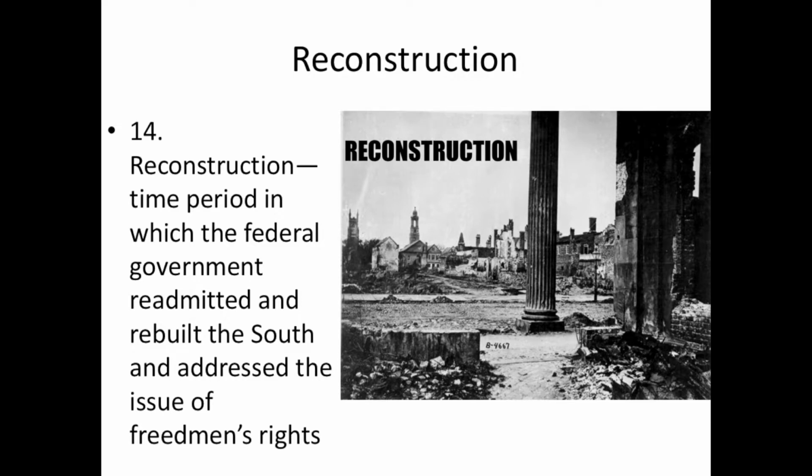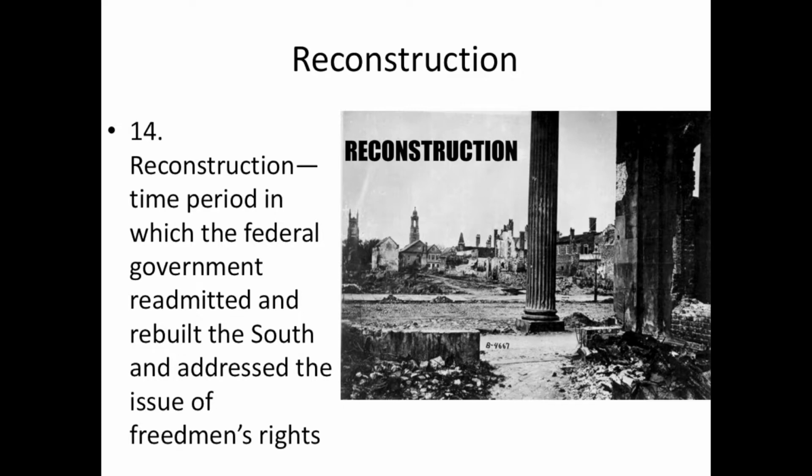Well, they're going to have to be readmitted to the Union as a state. And there's going to be a lot of debate over that, whether the state should come in kind of freely right after the war is over, or should they be punished, and should there be a condition to them being readmitted. And eventually, they're going to be readmitted under some conditions with the Military Reconstruction Act, but we'll talk about that later on.